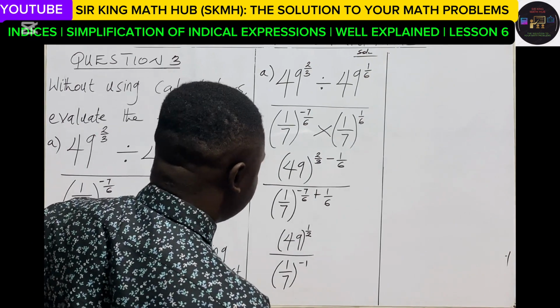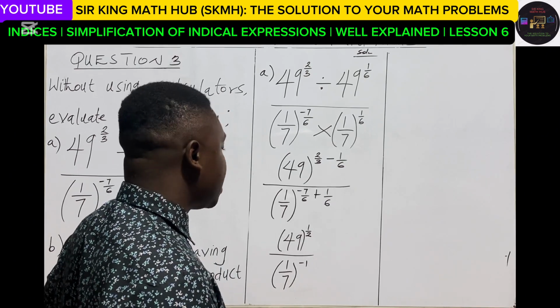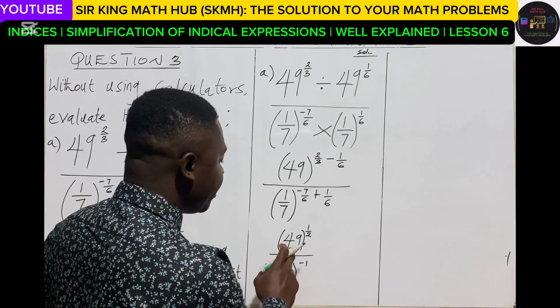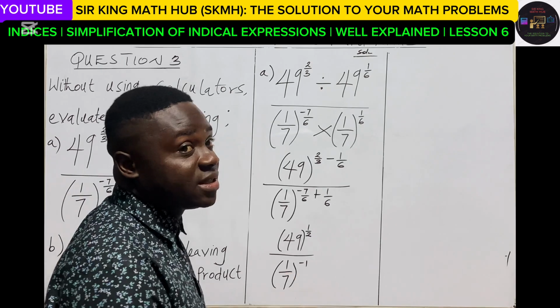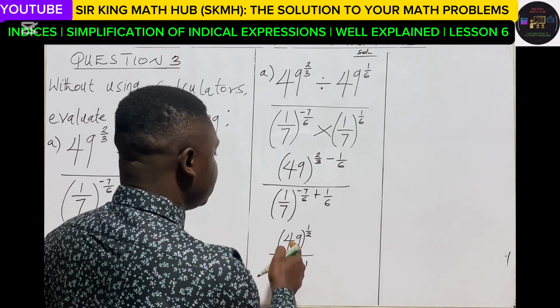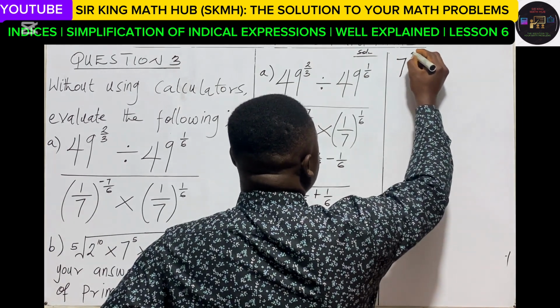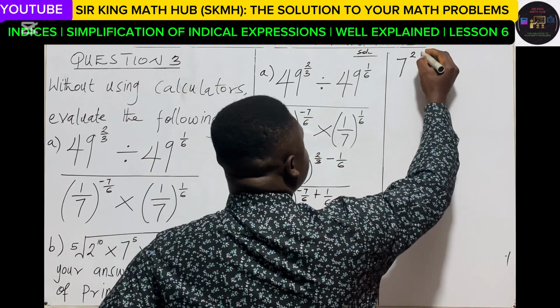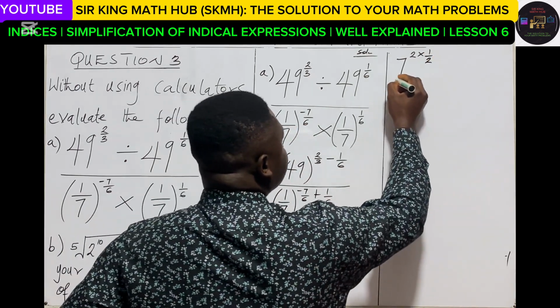So now, let's also simplify the numerator and the denominator. How do we do that? We see that we can write 49 and 1 on 7 to have the same base in indices. So 49 could be written as 7 exponent 2, and this will multiply the already existing index.